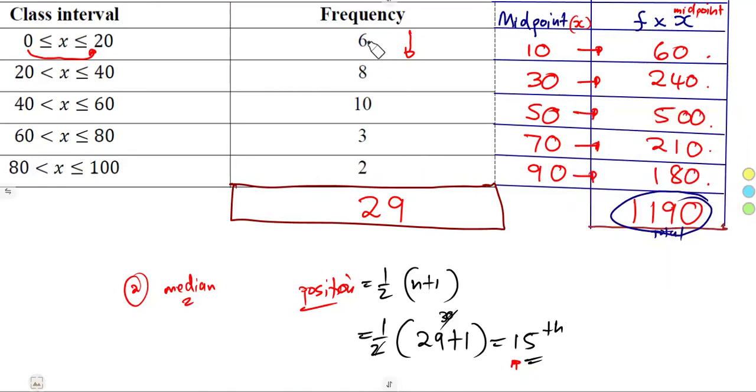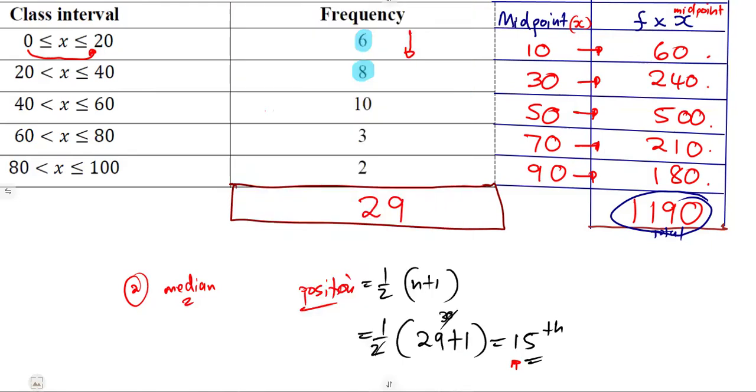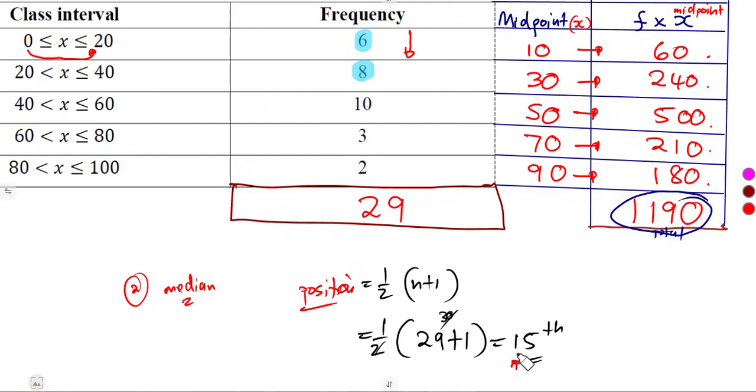Starting from 6, we add 6 plus 8. We can see that we are still less than 15, because this is going to give us 14. Then we add 14 plus 10.